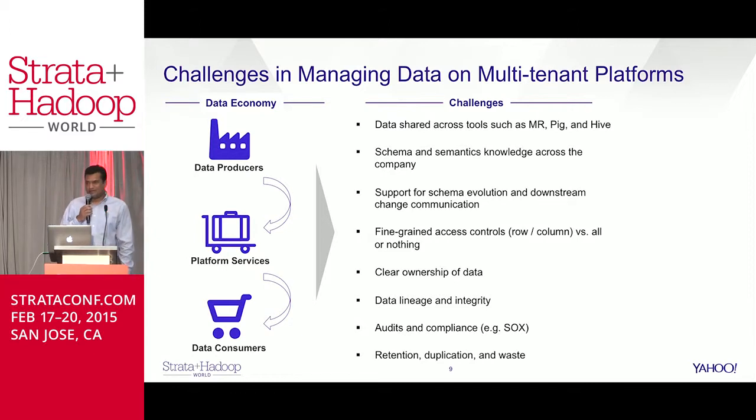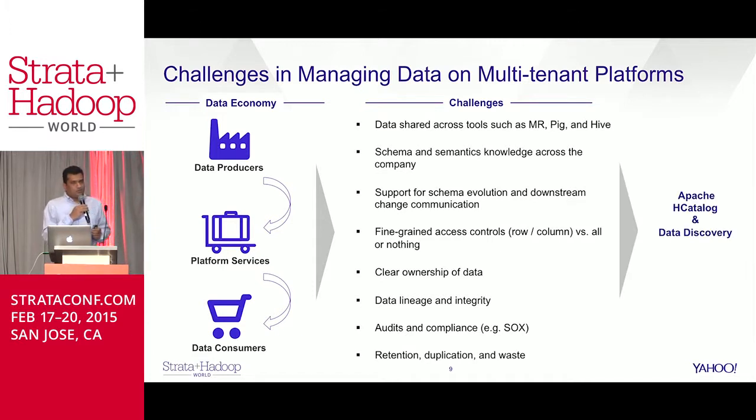It's hard to figure out what's meaningful, what's not, what's retained, what's a wasteful retention, and what's not, right? So you want to eliminate any wasteful retention and only retain data for as long as it's needed for. Okay, so we believe that Apache HCatalog, along with the data discovery tool we have developed, solves a lot of these problems that I've just talked about. And most companies would face these challenges.